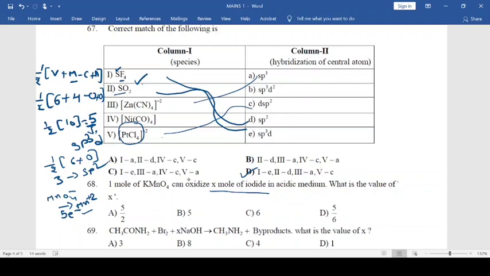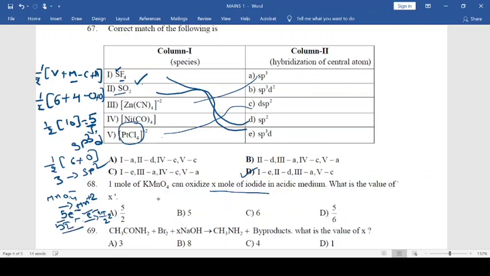5 electrons means, if we consider iodide ion, I minus gives half I2 by providing 1 electron, right? So how many electrons does KMnO4 want? 5 electrons. How many is it giving? Each iodide ion is giving 1 electron. That means it requires 5 iodide ions.